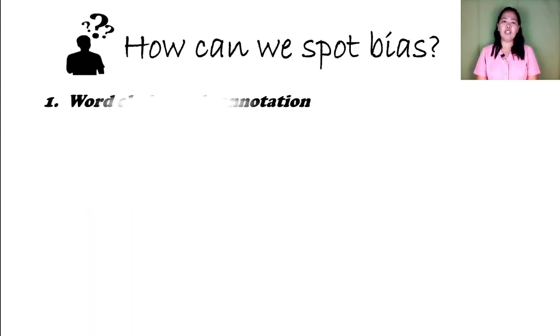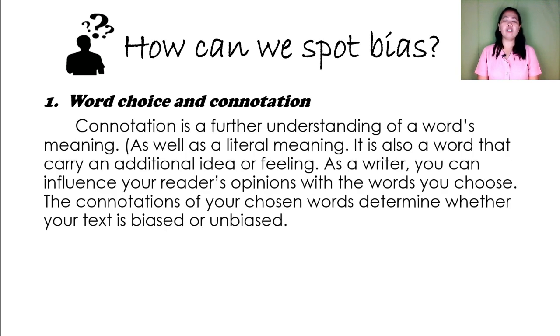First, we have word choice and connotation. Connotation is a further understanding of the word's meaning. As well as a literal meaning, there is also a word that carries an additional idea or feeling. As a writer, you can influence your readers' opinions with the words you choose.